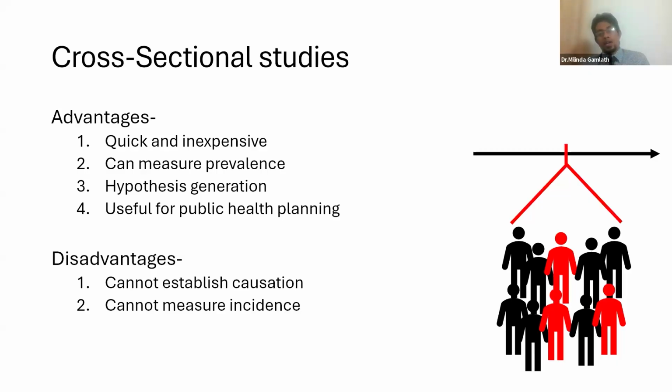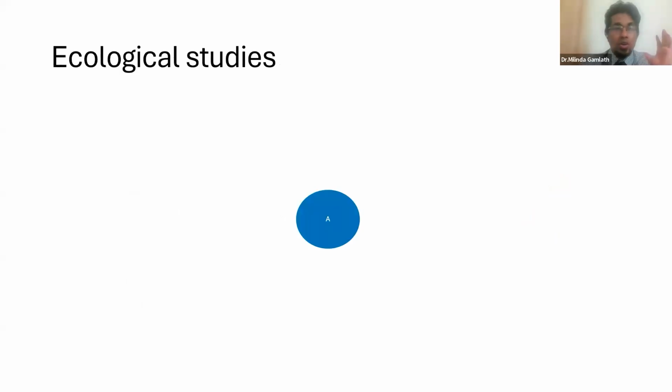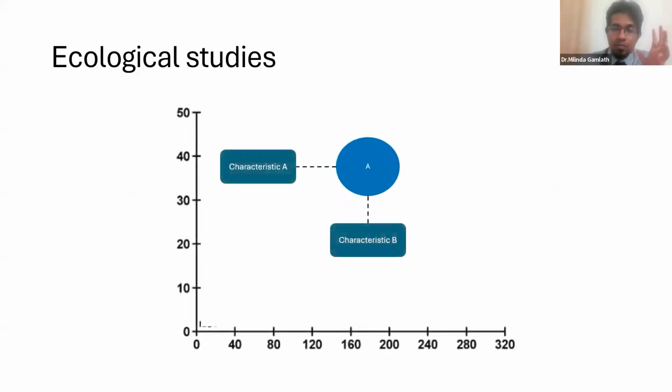So then the final type of descriptive study is something called ecological studies. What ecological studies do is they take populations and they compare the characteristics of those populations among each other. So one way to think about it is, think you have a population and you have two characteristics of that population.